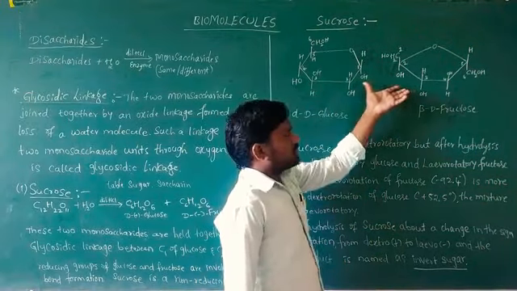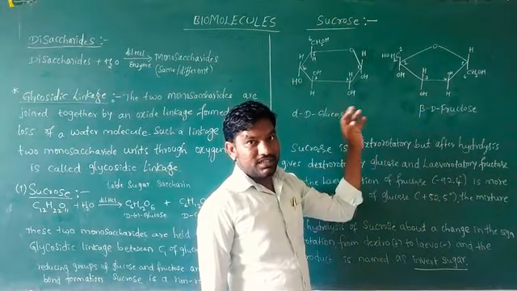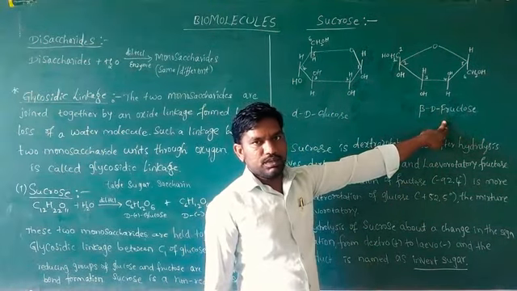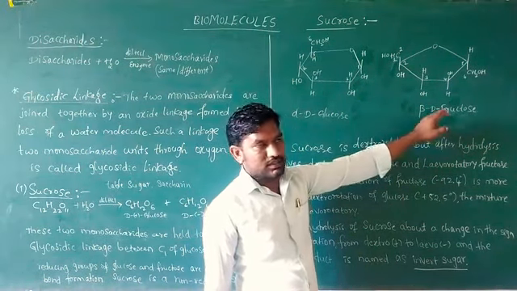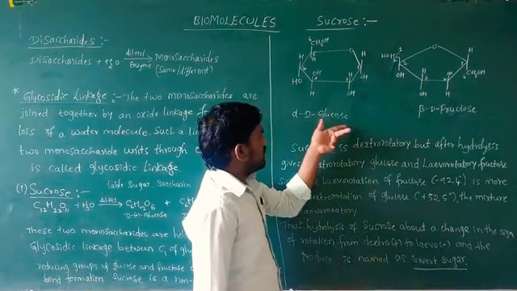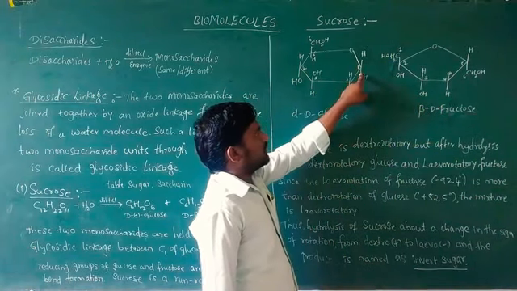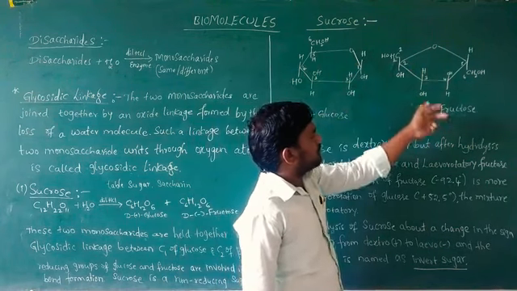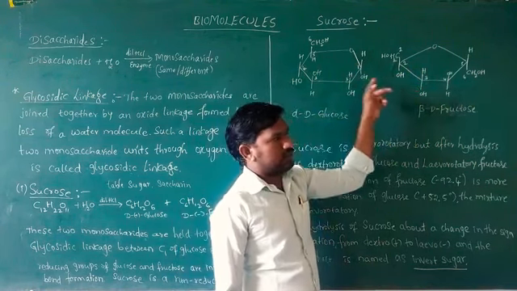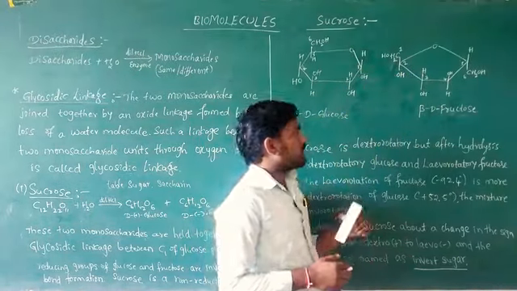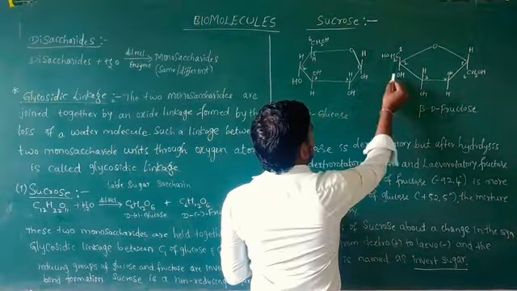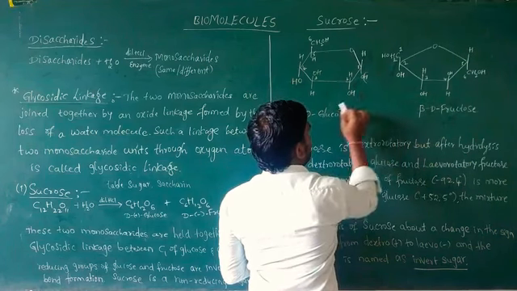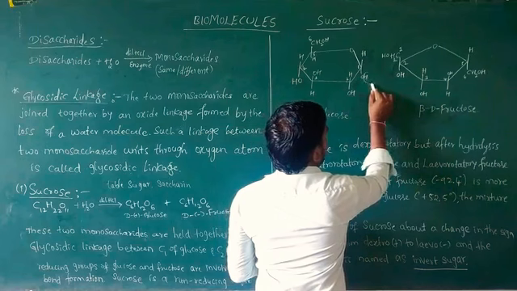When combining these two different monosaccharide units, one glucose and one fructose, the OH group on C1 of alpha-D-glucose and the OH on C2 of fructose are involved, with removal of water: hydrogen from the glucose, OH from the fructose.